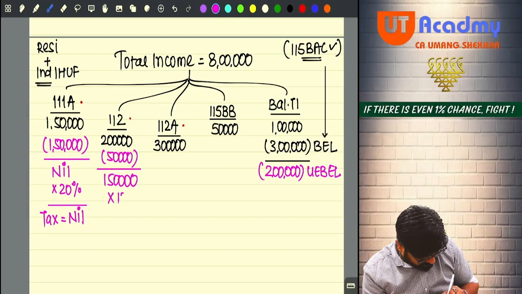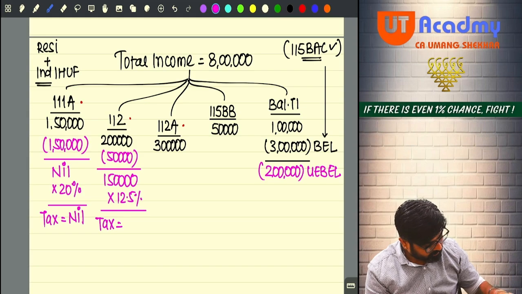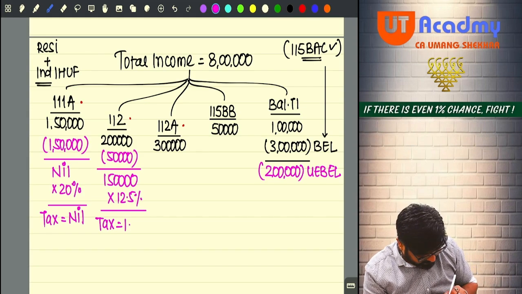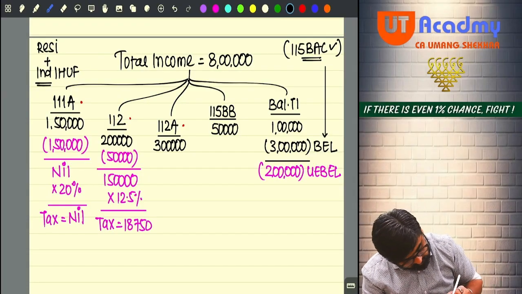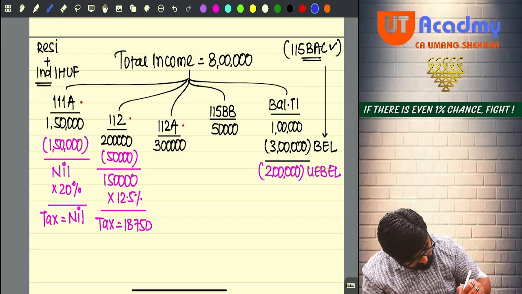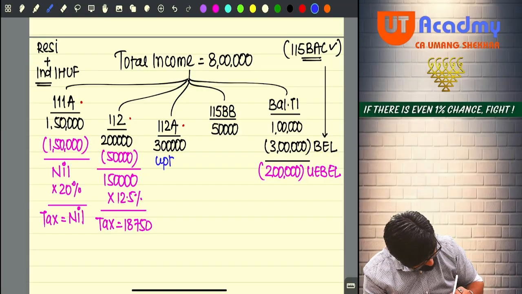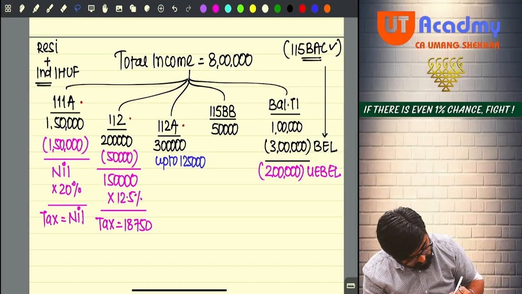On that I will pay 12.5%. Then tax on this will be 1,50,000 into 12.5%, 18,750. Now on this 3 lakhs, up to 1,25,000, will you pay any tax?